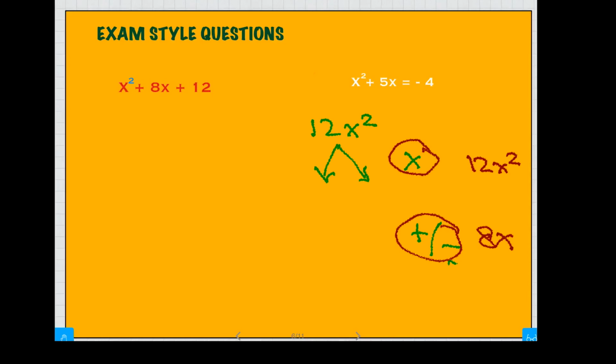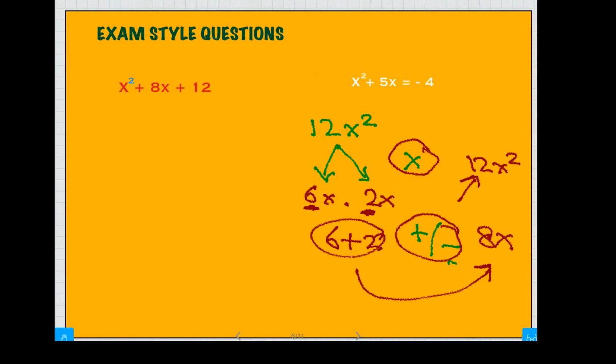So I know 6x times 2x. 6 and 2, 6 times 2 is 12. So I got my first part done. And then when I add 6 plus 2, that gives you 6x plus 2x gives me 8x.